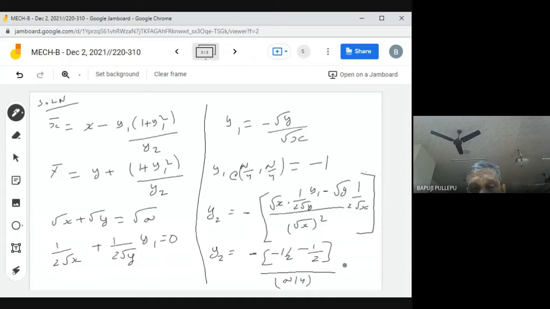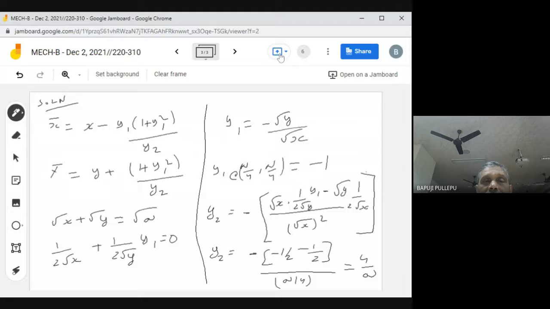That is equal to, can I write, 4 by a? Are you agree? Yes, sir. So y1 is equal to minus 1, y2 is equal to 4 by a. Clear?